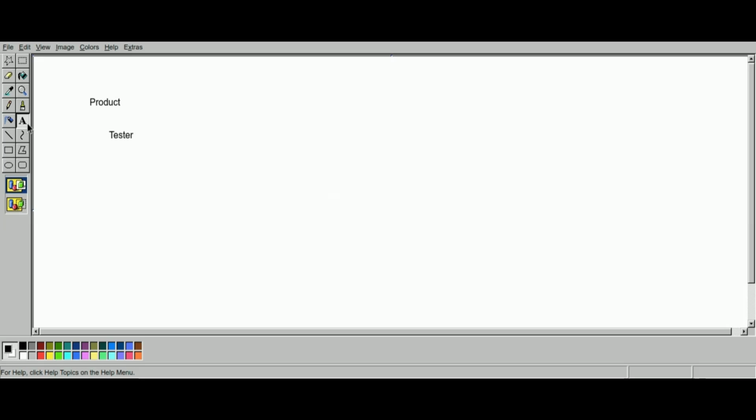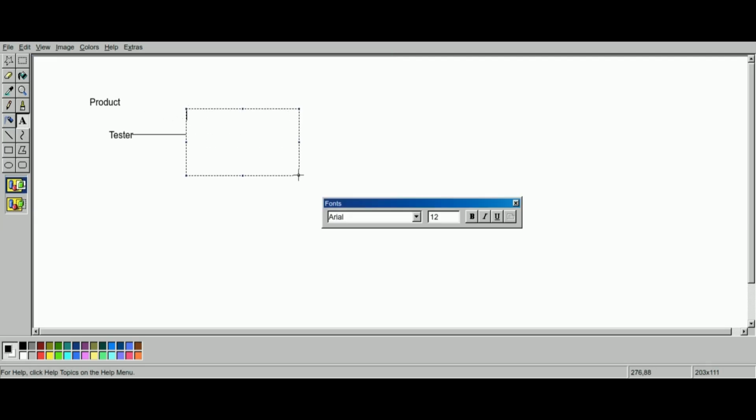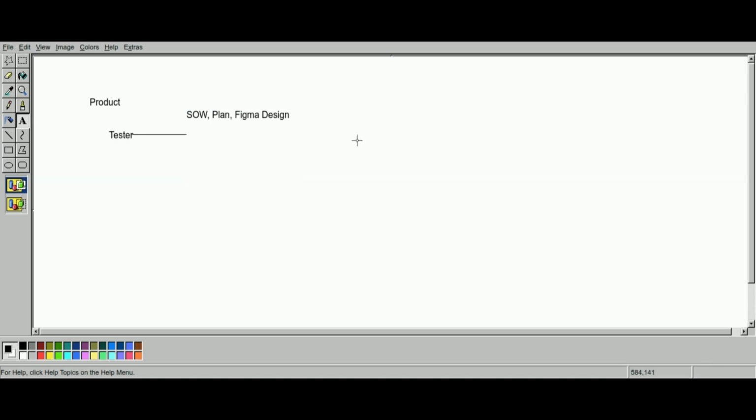The tester does not have any SOW plan, any Figma design, doesn't have anything.